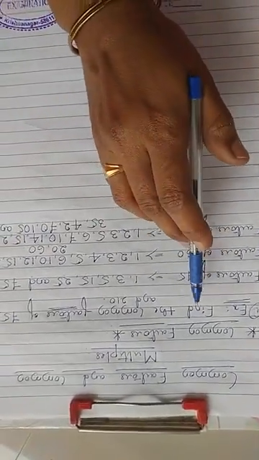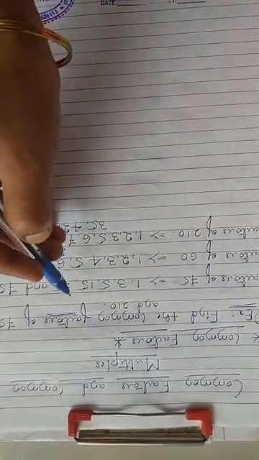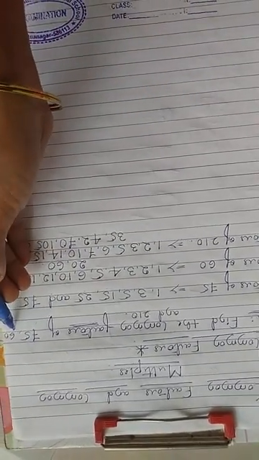They are asking to find the common factors of 75, 60, 210.